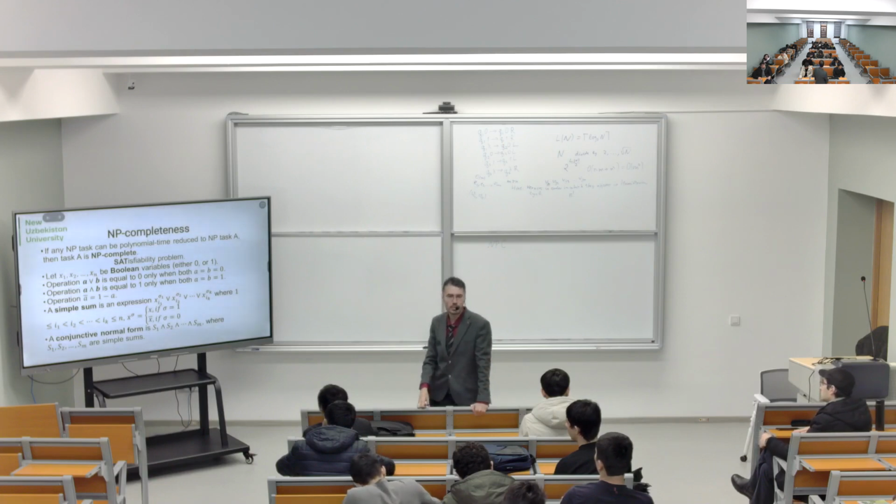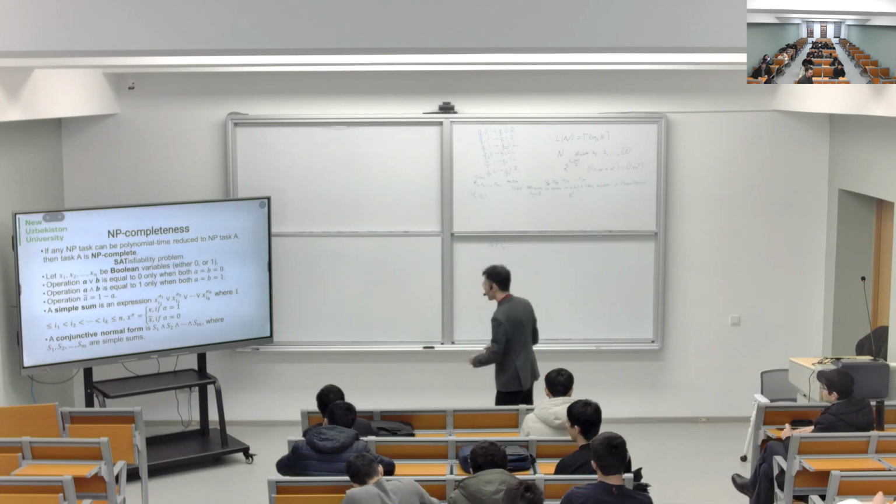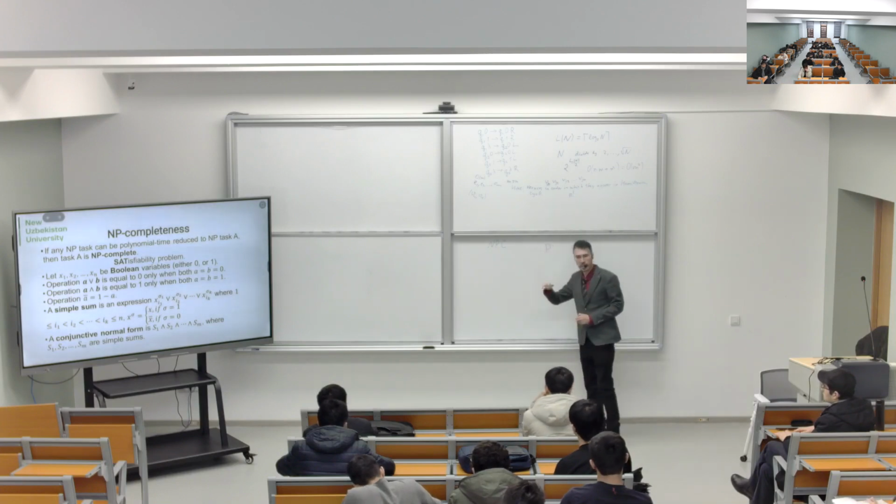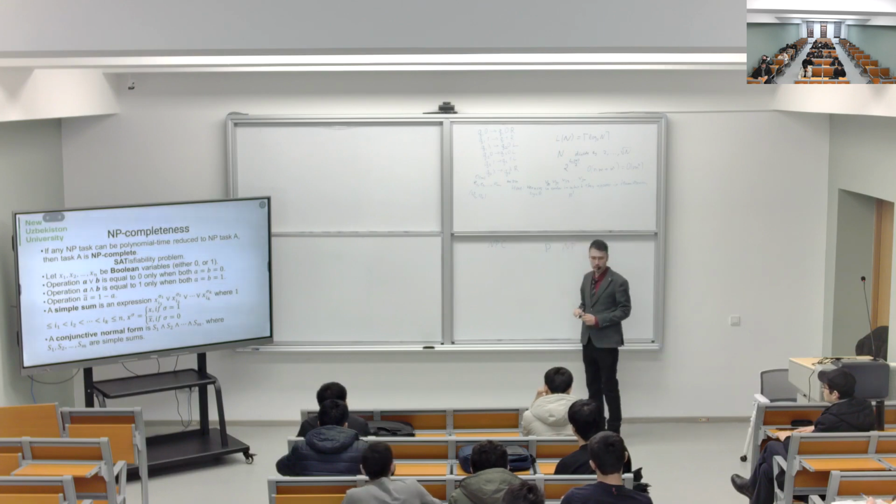So what does it mean? Why do we need NP complete tasks? So if you heard, we have the problem. We have polynomial time algorithms, and we have non-deterministic polynomial time algorithms.